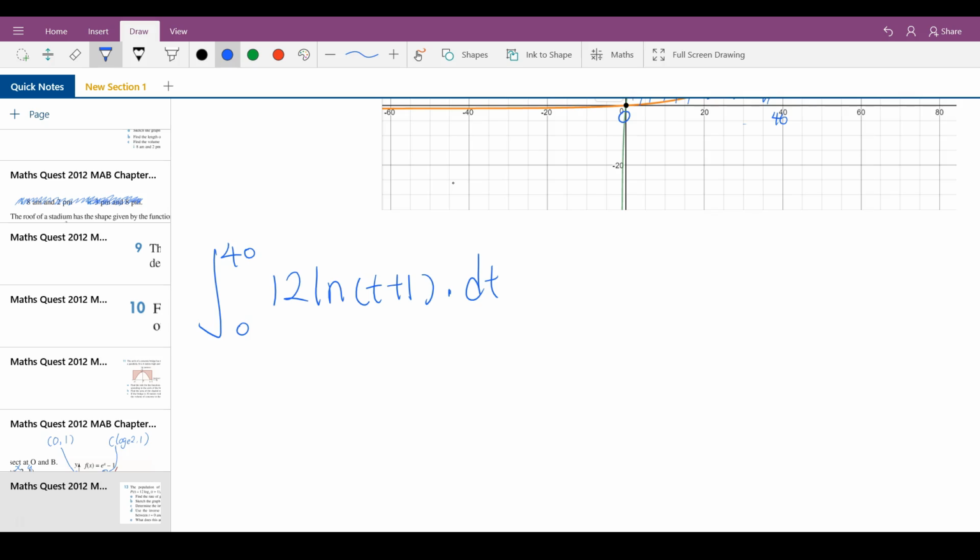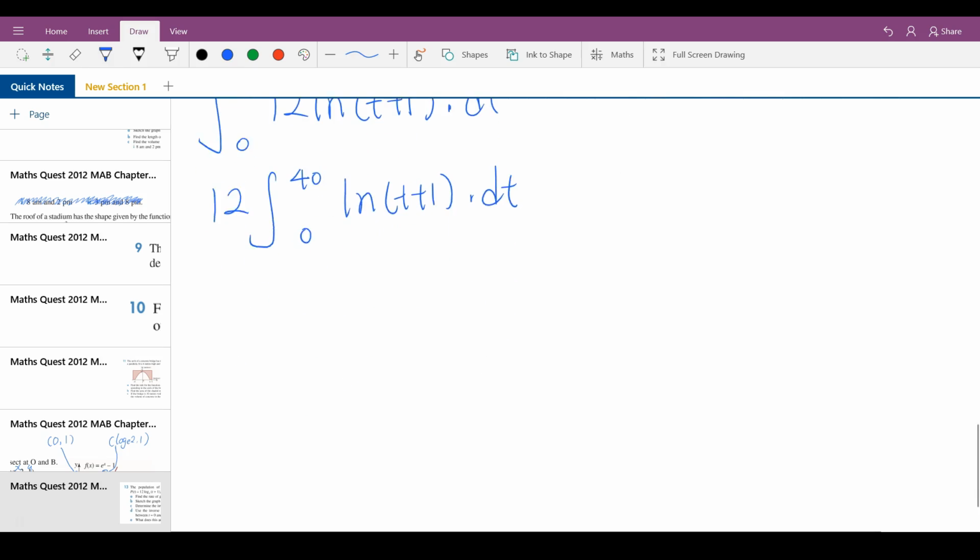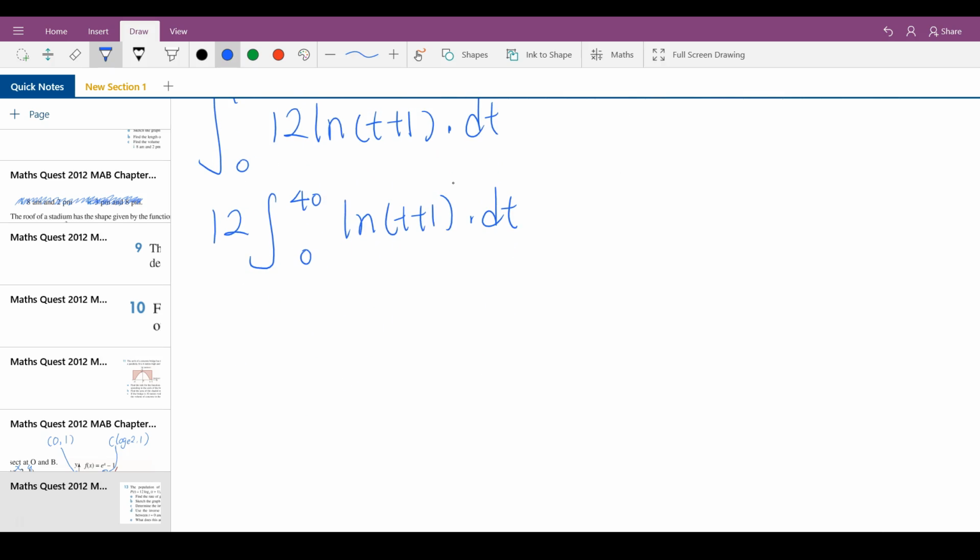Okay, so let's go. Let me take the 12 out of the integration, because it's just a constant. So we have ln of t plus 1 dt. I'll let x equal t plus 1.